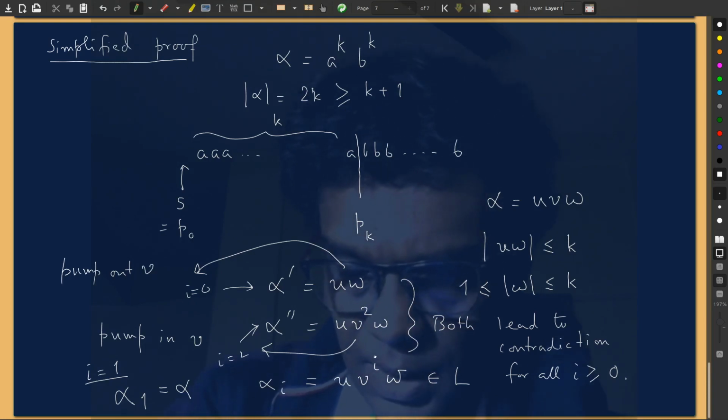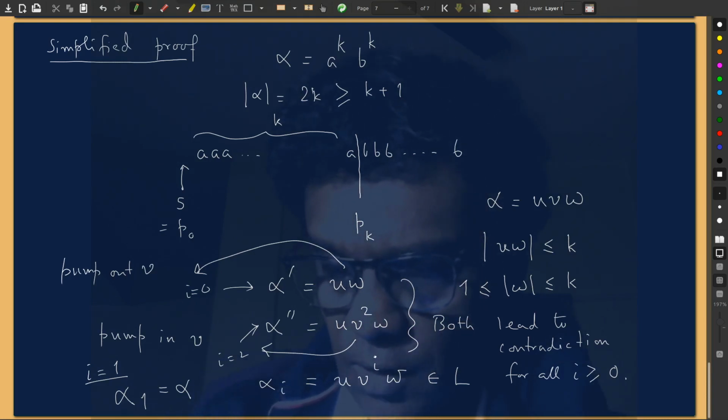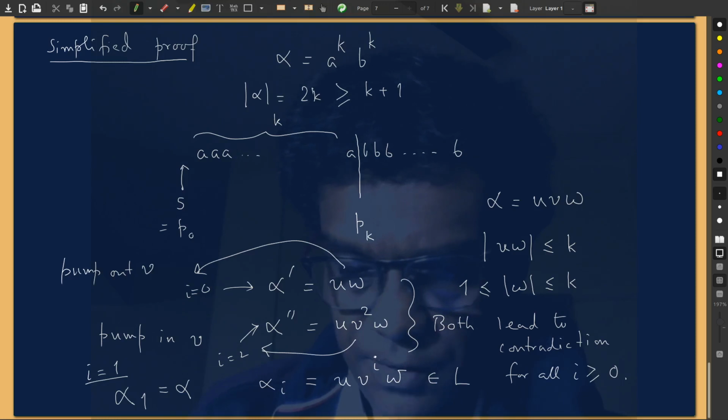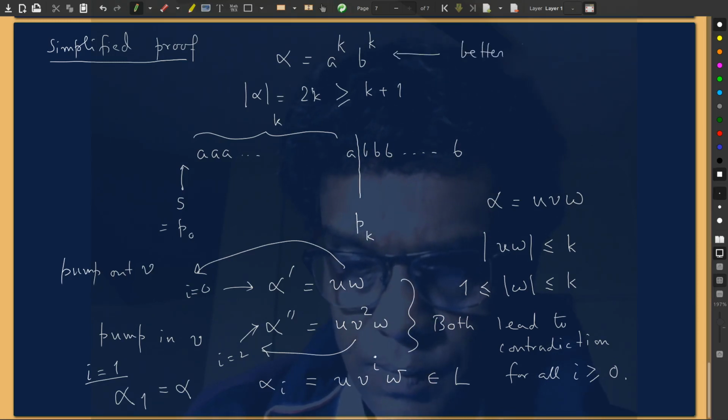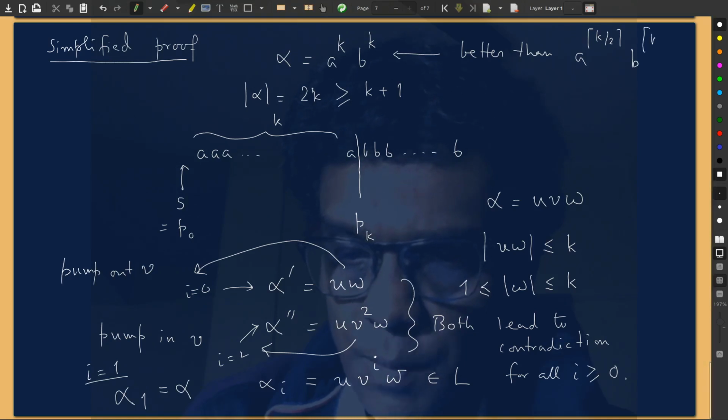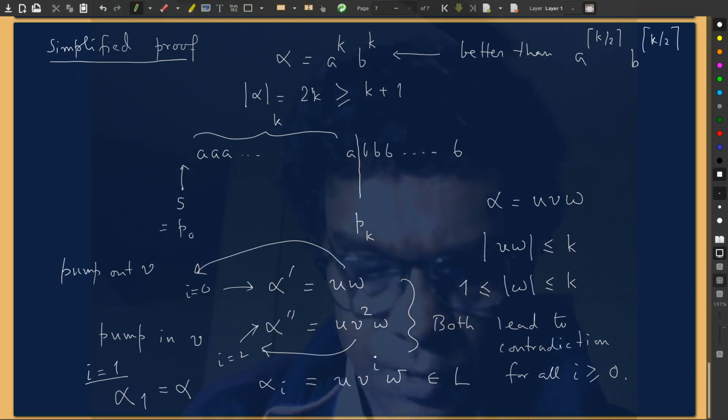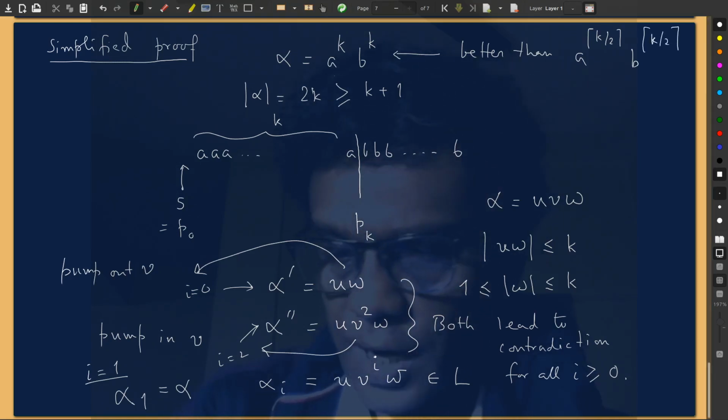In this case, any value of i not equal to 1 will give a contradiction because the initial choice of this alpha is better than the earlier choice. So there is actually no problem with that earlier proof, but this proof is much more simplified.